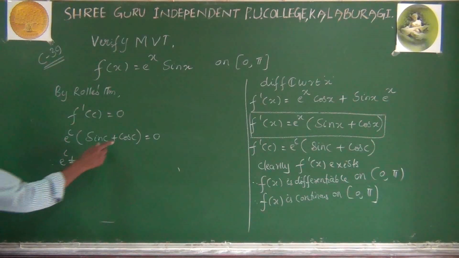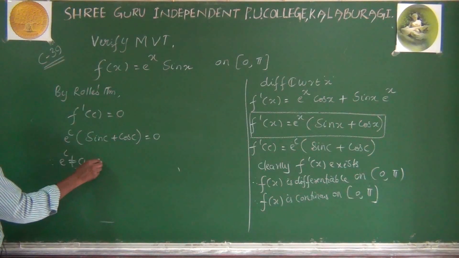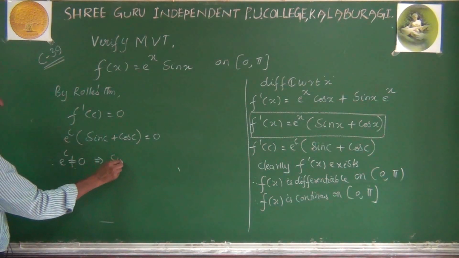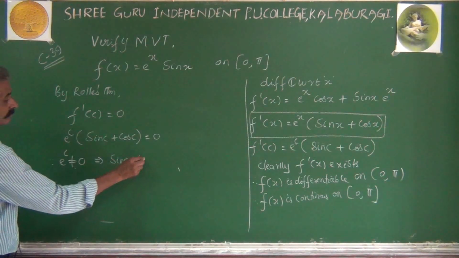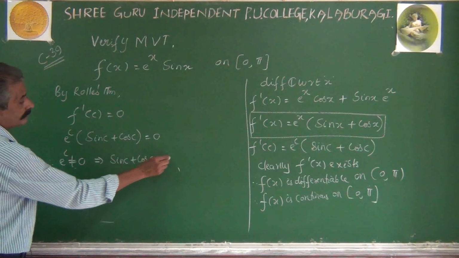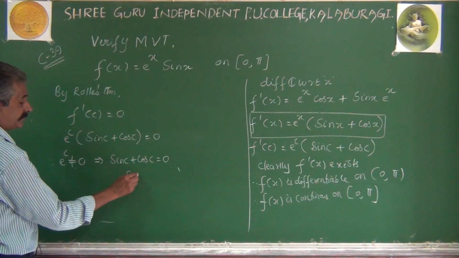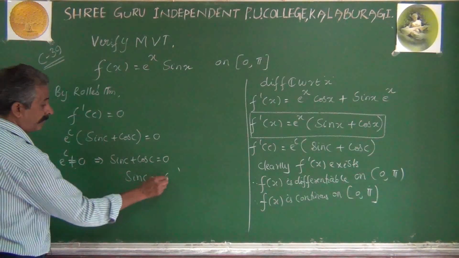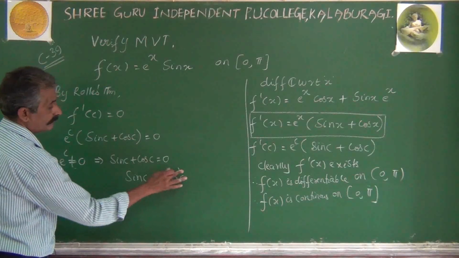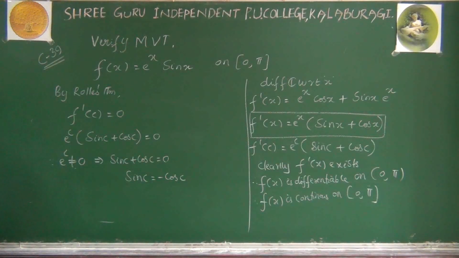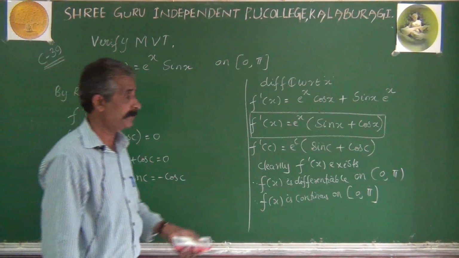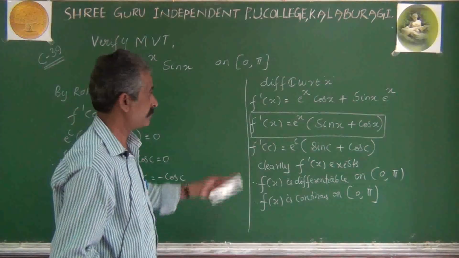That means this bracket must be equal to 0, which implies that sin c plus cos c equals 0, which implies that sin c equals minus cos c. Or you can take cos c equal to minus sin c. Choice is yours.